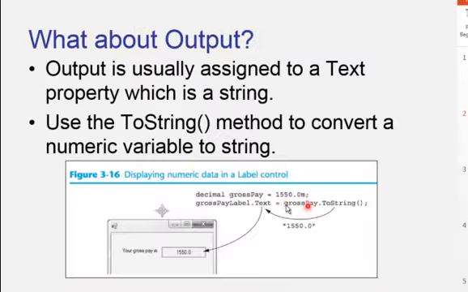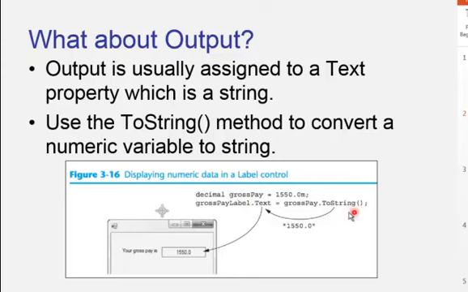Okay, what about output? Output to a text box or output using Console.WriteLine is normally a string. So when you want to output, I have here a decimal number, and it's 1550, and that M just makes it a decimal, to make sure it agrees with the data type. So grossPay is a decimal. The .ToString method, notice the parentheses after it with no arguments.